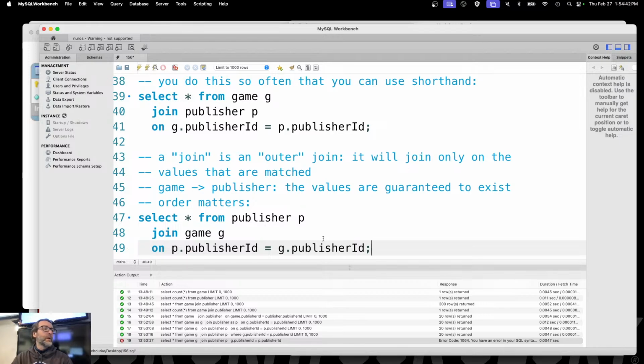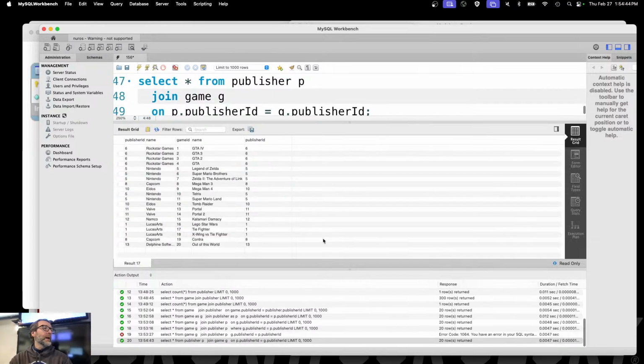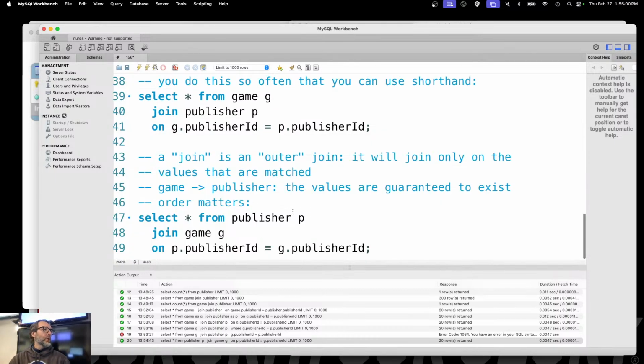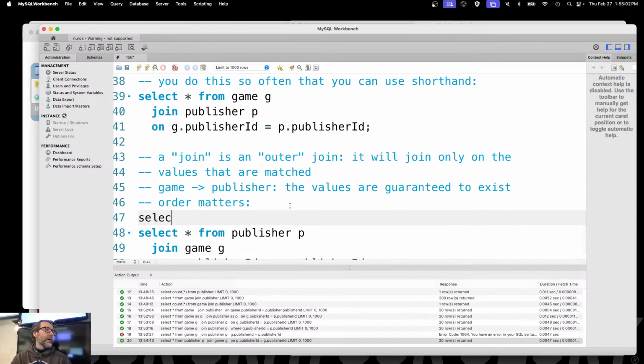Okay. I'm going to get 20 results here. Let me go ahead and sort them. Oh, they're already sorted according to the game ID it looks like there. So I'm going to get the exact same results as before, but I see that there are missing publishers here. Let's go ahead and look at all the publishers. Select all from publisher.